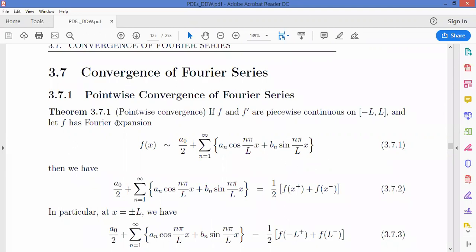Okay, so pointwise convergence of a Fourier series, we have here some theorem. If you have f and its derivative, and they are piecewise continuous on this interval here, then f has a Fourier expansion of the form, that one.